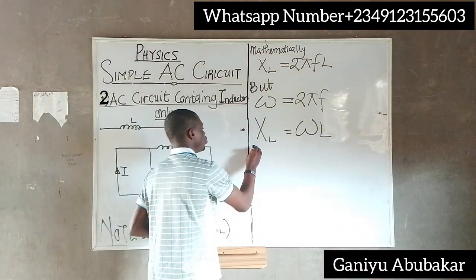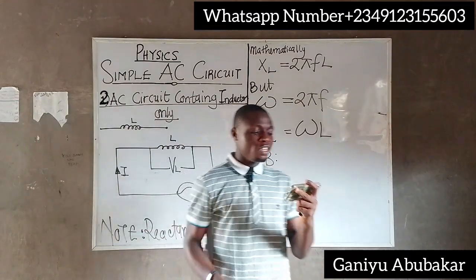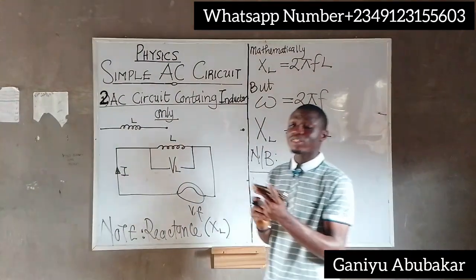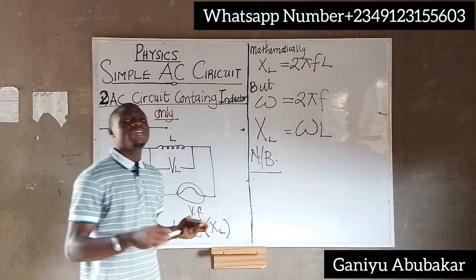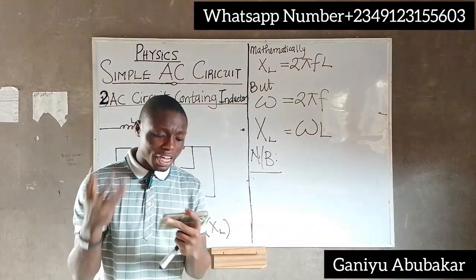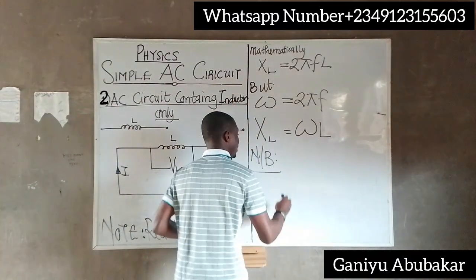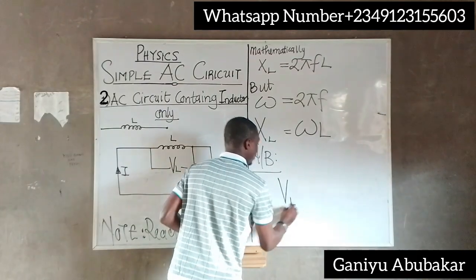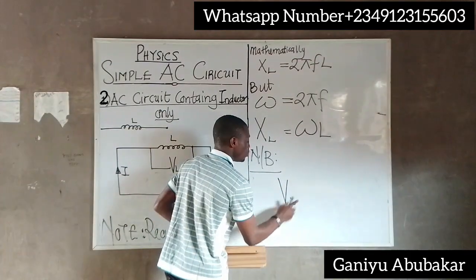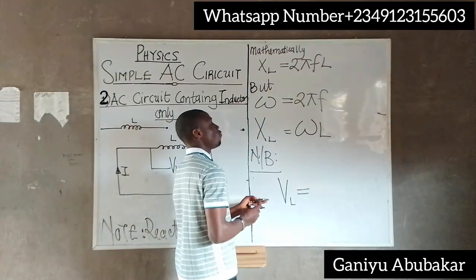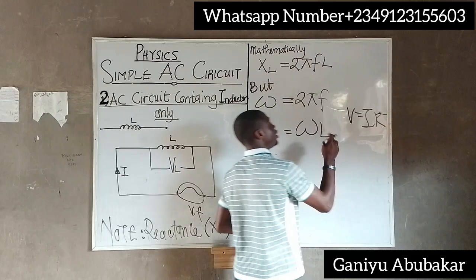Now at this point, please also note the voltage across an inductor circuit is known by the expression below. That's VL. From Ohm's law, we said V is IR.